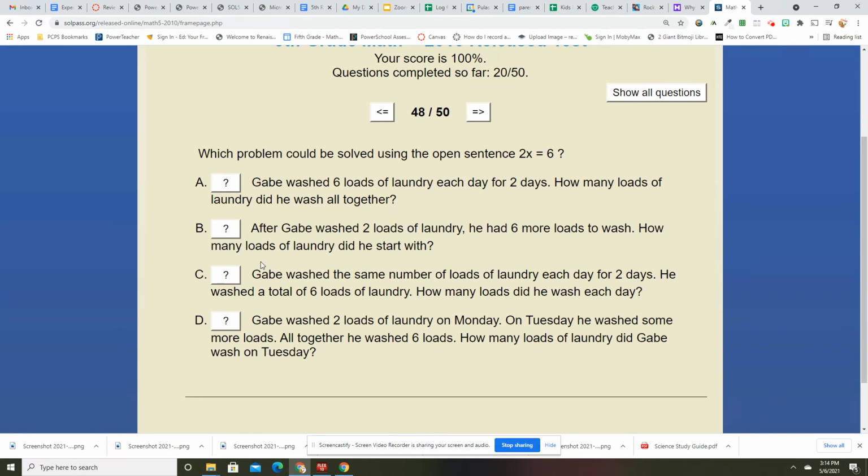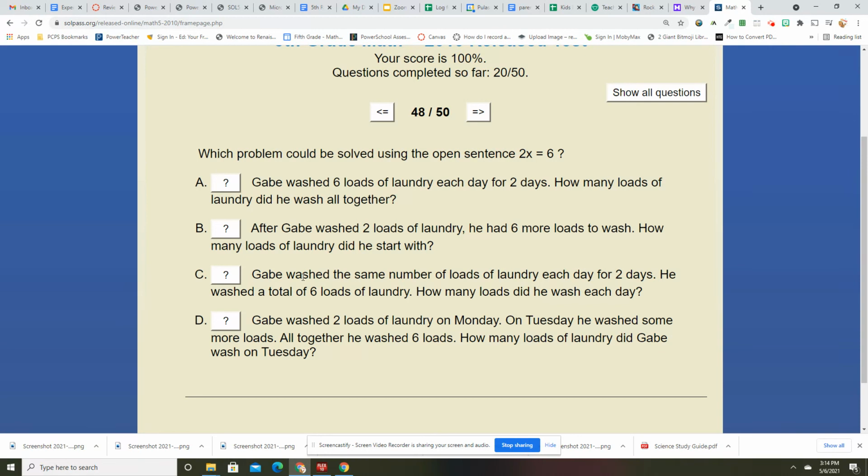Oh, man. Which problem could be solved by using the open sentence 2x equals 6? So we're looking at multiplication. Gabe washed 6 loads of laundry each day for 2 days. How many loads did he wash altogether? That could be it. After Gabe washed 2 loads of laundry, he had 6 more loads to wash. That would be adding. Gabe washed the same number of loads of laundry each day for 2 days.